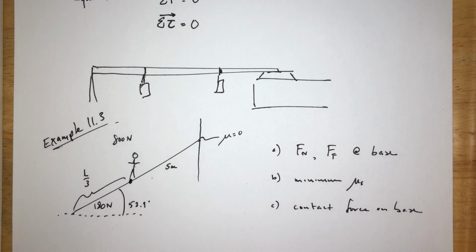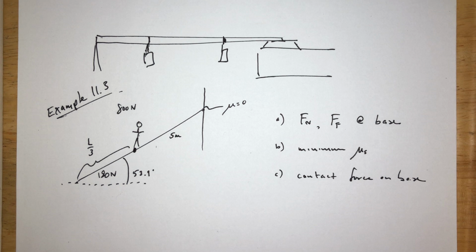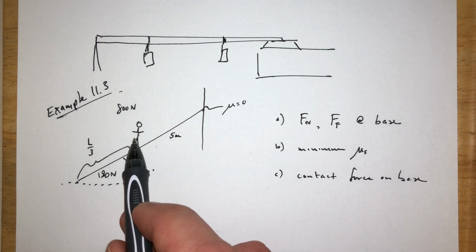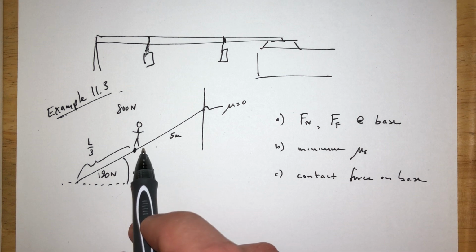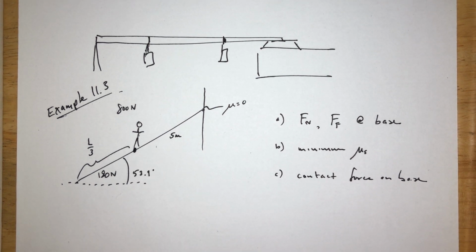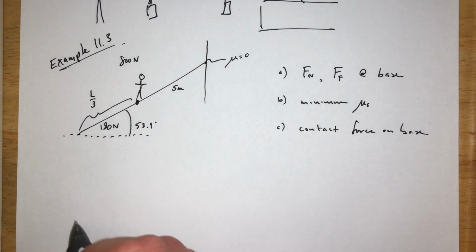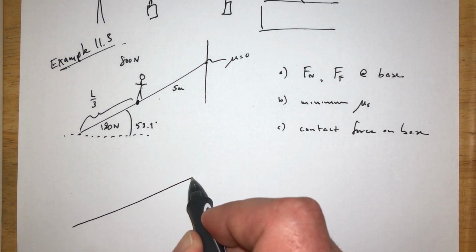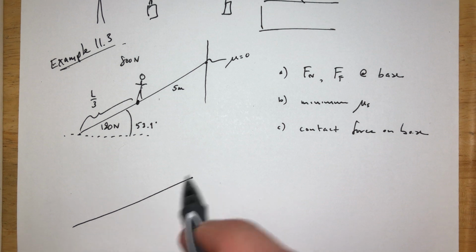Okay, first, let's talk about which object we're interested in. And it's a little bit confusing because there's Lancelot and a ladder, but really what we're interested in is the ladder. And let's redraw the ladder itself. And then let's do an extended free body diagram.